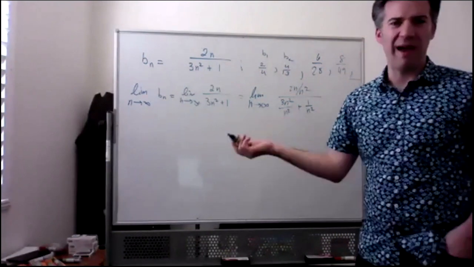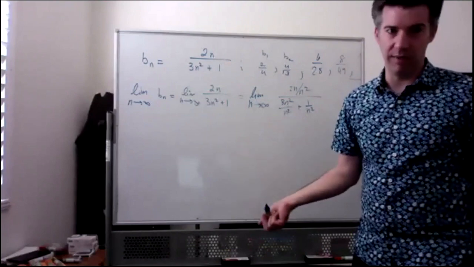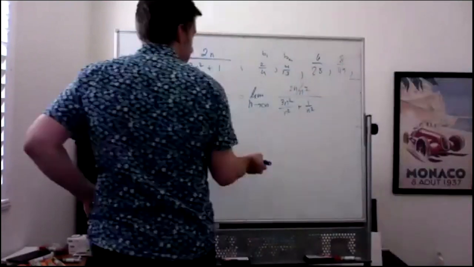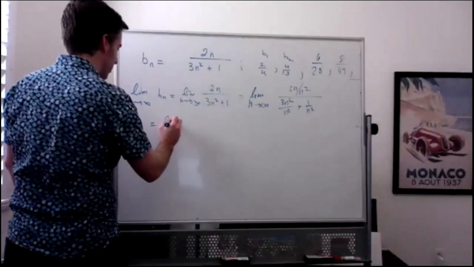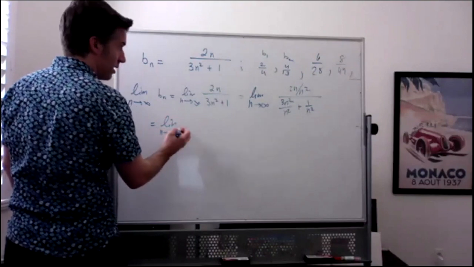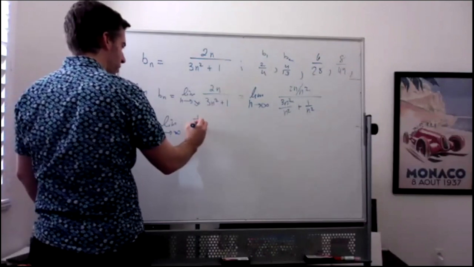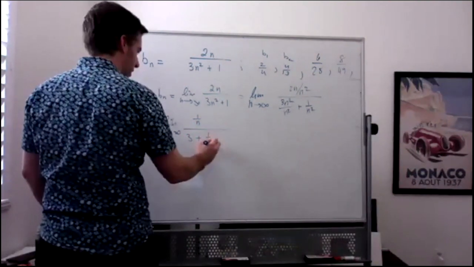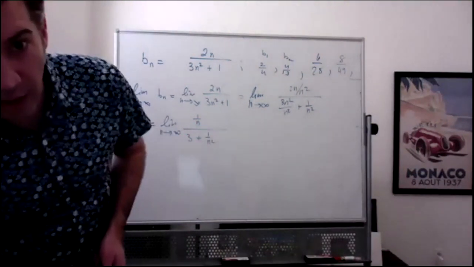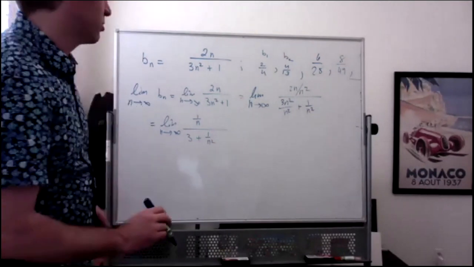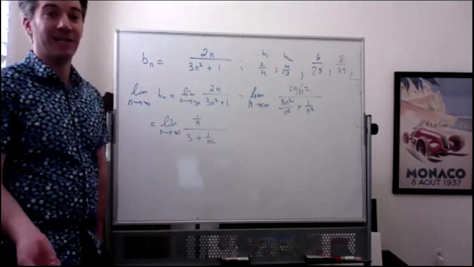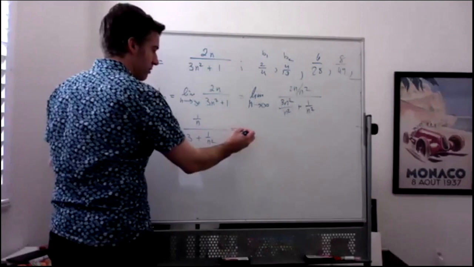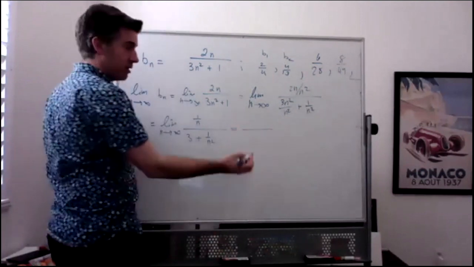Some people prefer to factor out an n squared. It's the same thing, really, but you can do whatever you like. So then I get the limit as n goes to infinity of, on top, 2 over n, and on the bottom, 3 plus 1 over n squared. What's the limit as n goes to infinity of 1 over n? 0, yeah.